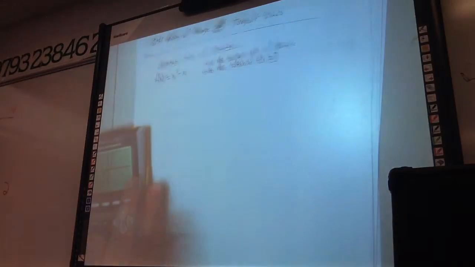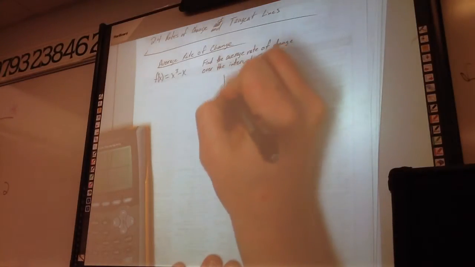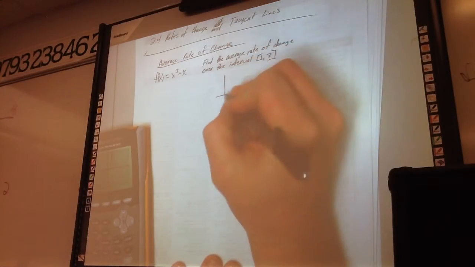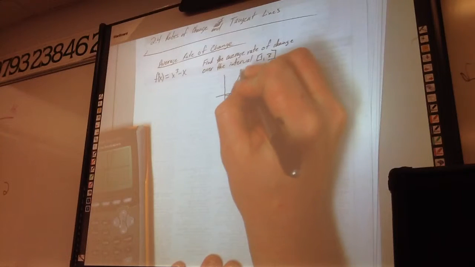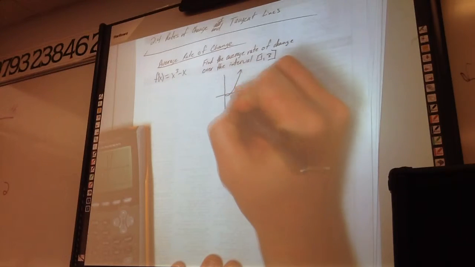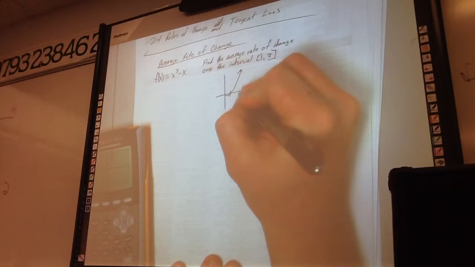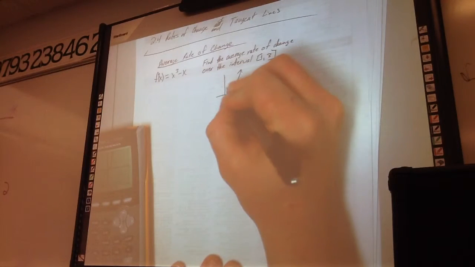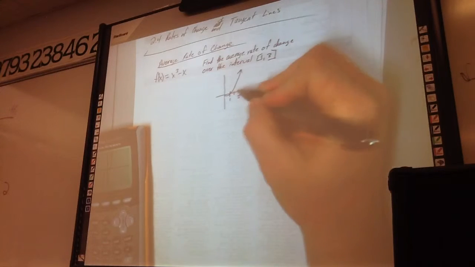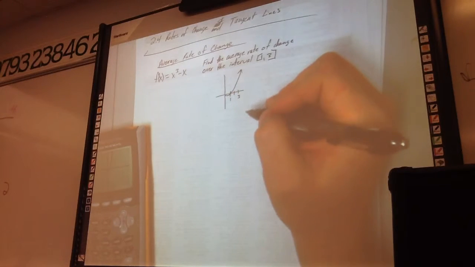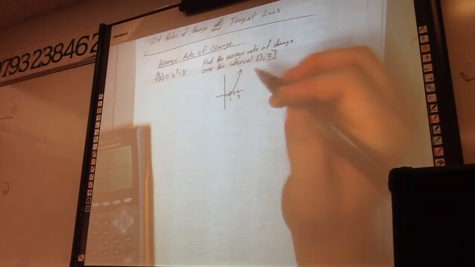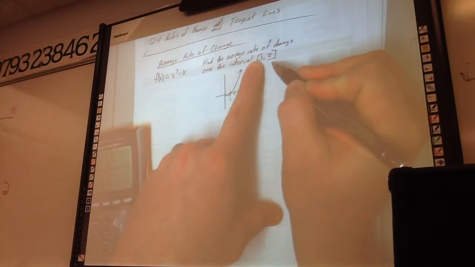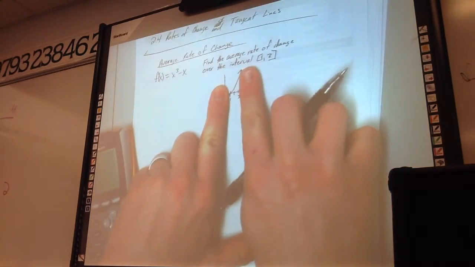Does that make sense? So you kind of draw a little picture here. You're trying to section off a piece of it. 1, 2, 3. We're just looking at this little section, between there and there.